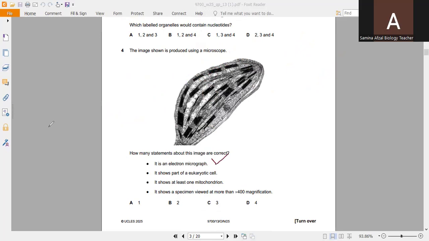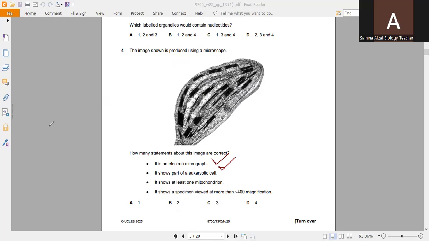Yes, it is an electron micrograph because it is a highly magnified view of the chloroplast, whose internal structure is also visible. It shows part of a eukaryotic cell. Yes, eukaryotic cells have membrane-bound organelles, so this is also correct.